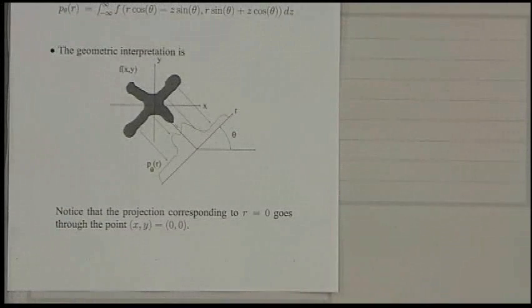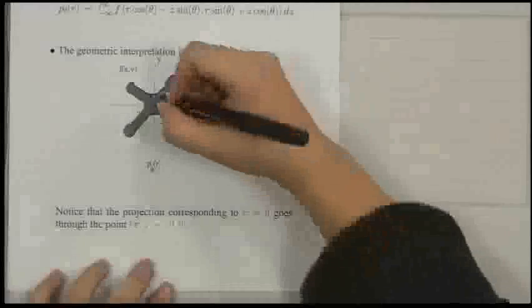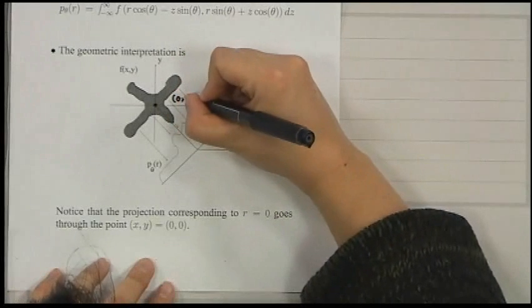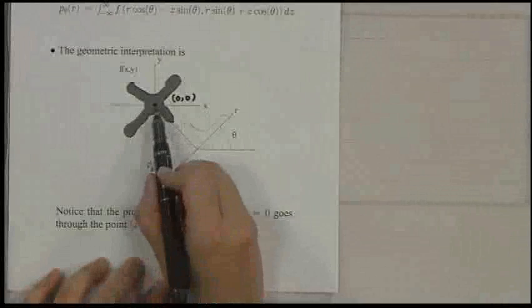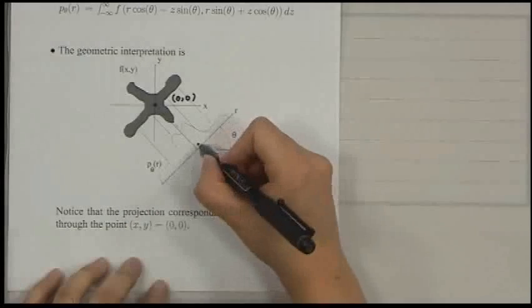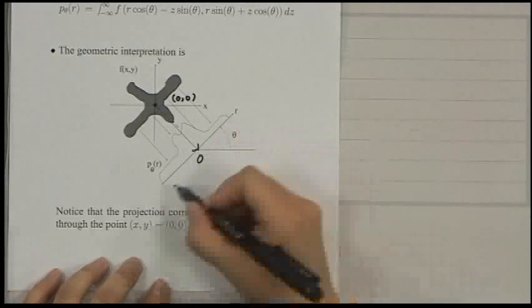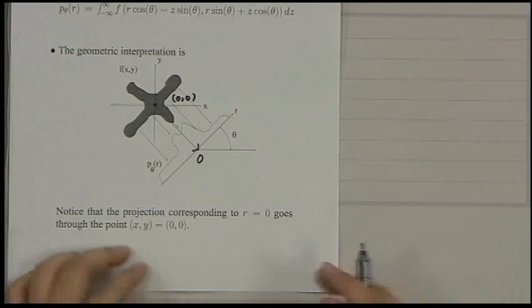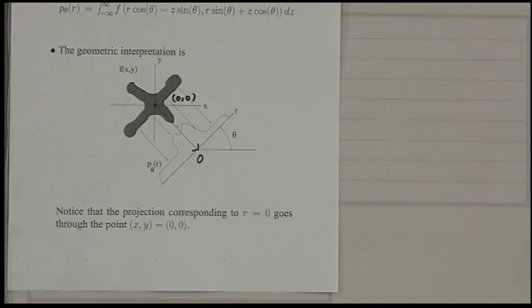And one thing we have to note is that the origin on the xy coordinate is mapped to 0 along the r axis. This is our assumption.